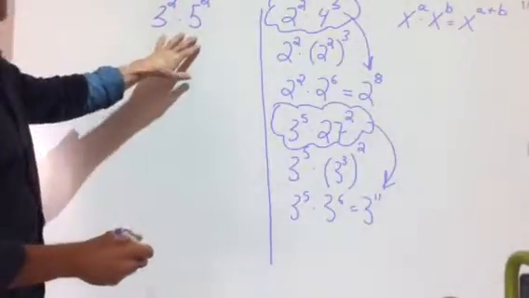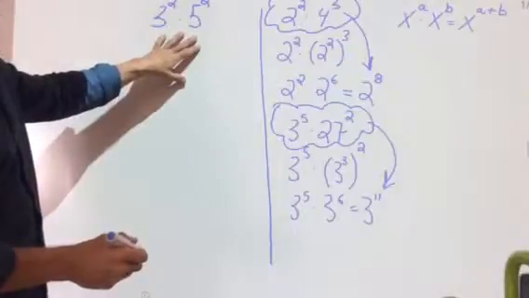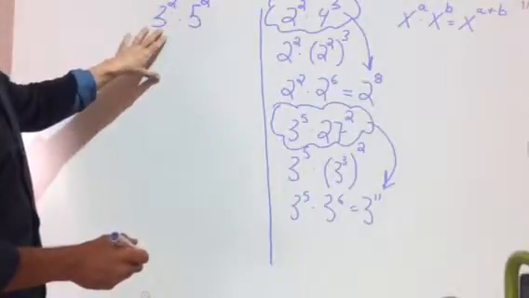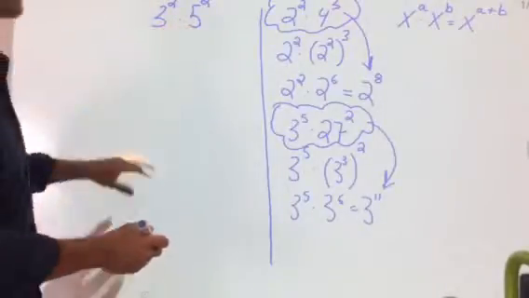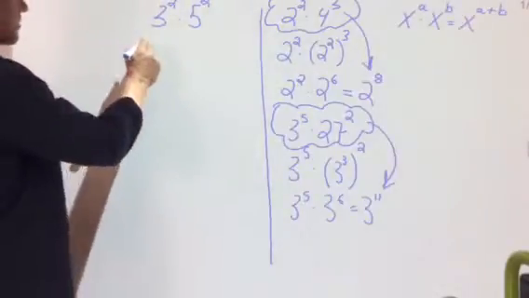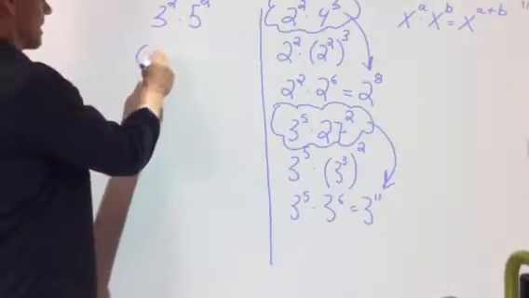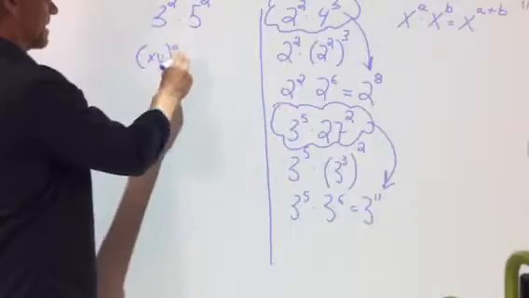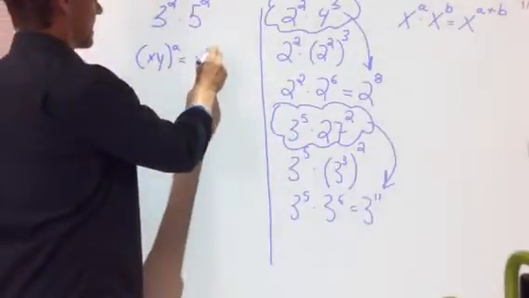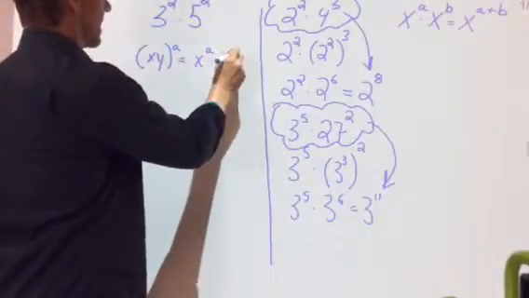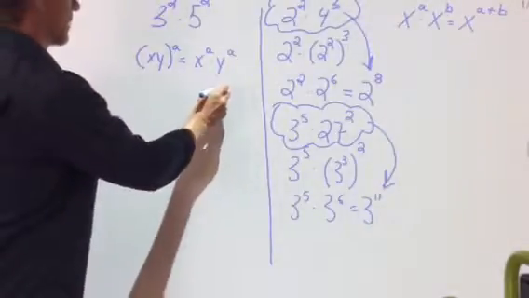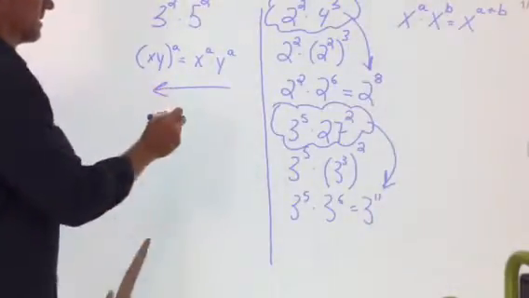Now, we know that 5 cannot be rewritten as a 3 being raised to a power, but please notice this rule, xy raised to the a equals x to the a times y to the a. I am going to actually apply that rule in reverse.